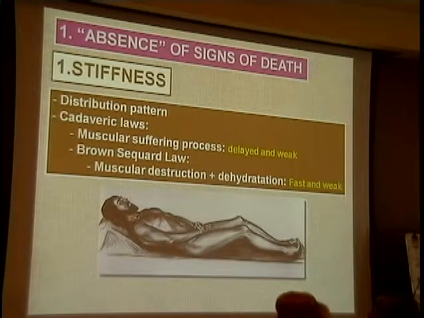But if we consider the mass muscular destruction with dehydration, that is also something that happens with crucifixion, it should be that the stiffness follows the Brown-Sequard law that says that stiffness should be fast and weak.